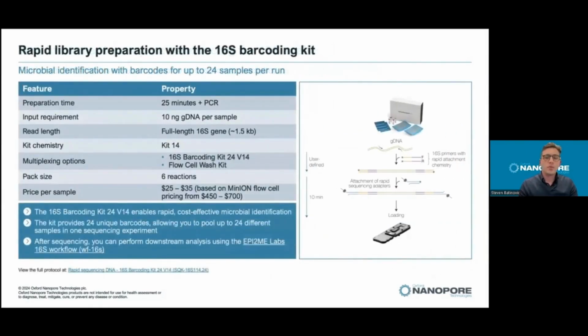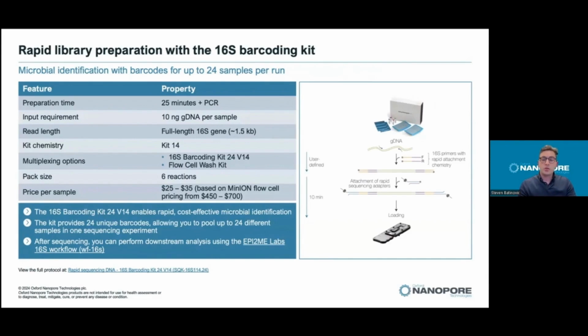Here we see some information for our end-to-end 16S barcoding kit, which takes you through amplification, library prep, sequencing, and analysis. Looking on the right, first the microbial 16S DNA is amplified using specific 16S primers, the 27 forward and 1492 reverse primers.